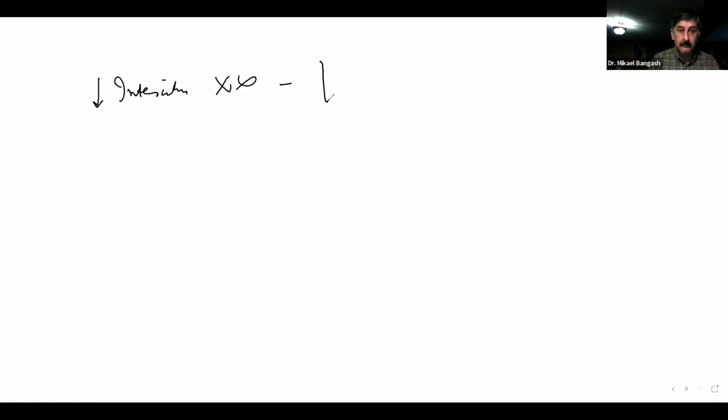At a focus, there's an increase in intensity due to that narrow diameter. Did that make sense?